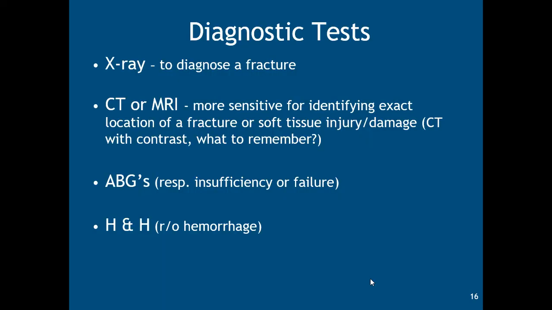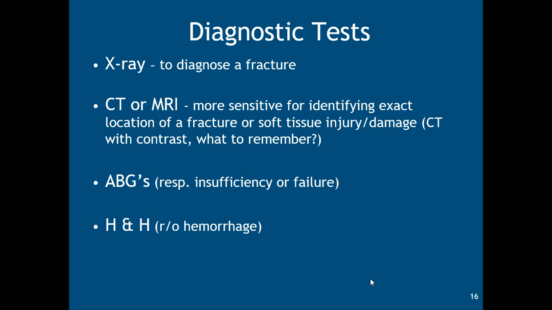Some diagnostic tests we'll do: time is really important when it comes to patients' outcomes for this, especially with identifying the spinal cord injury and treatment. So we'll almost always do a CT, which is the quickest, or an MRI. They're more sensitive in identifying the exact location of the fracture or soft tissue injury and damage.